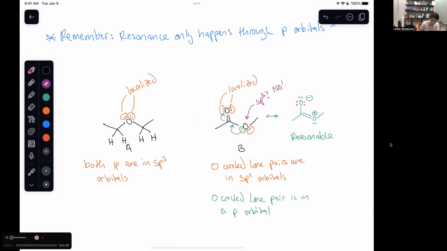The answer is no, because if I can do resonance here, we're really looking at this oxygen as being sp2 because I'm making a pi bond, right? So my lone pair is in the p orbital to make that pi bond in that resonance structure.